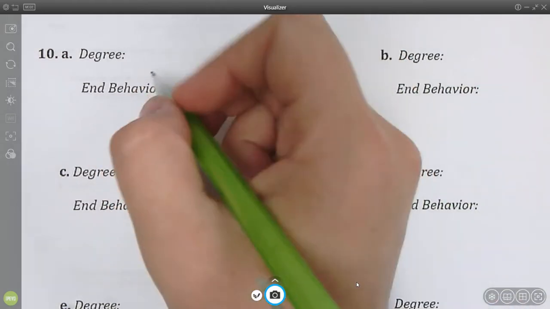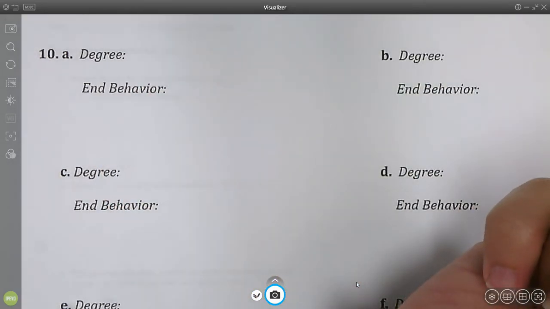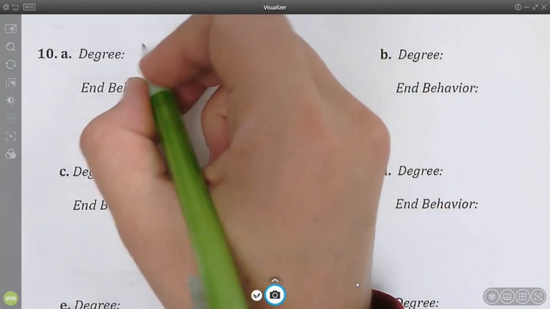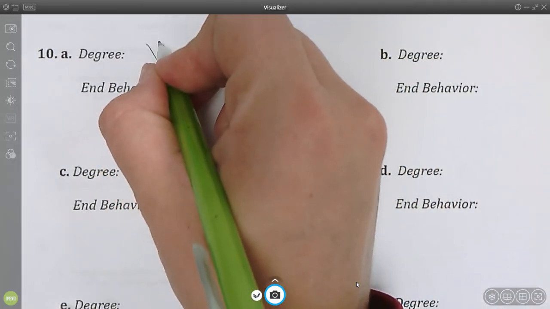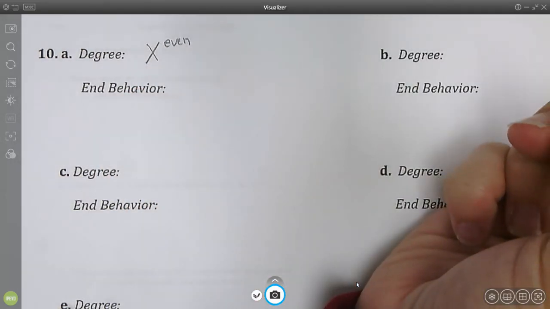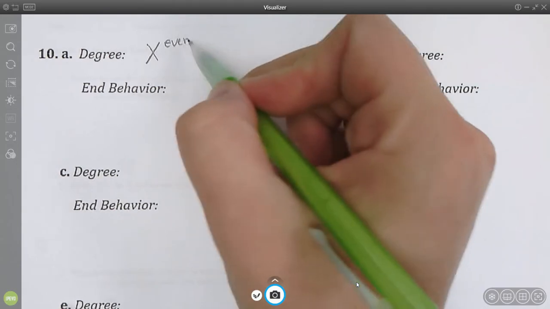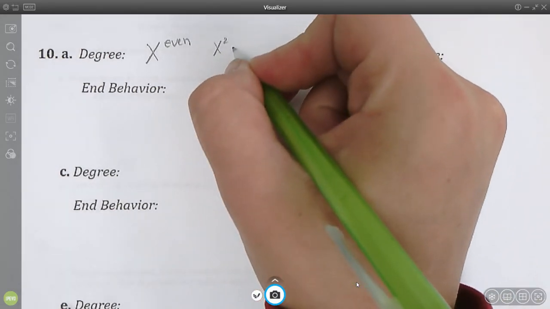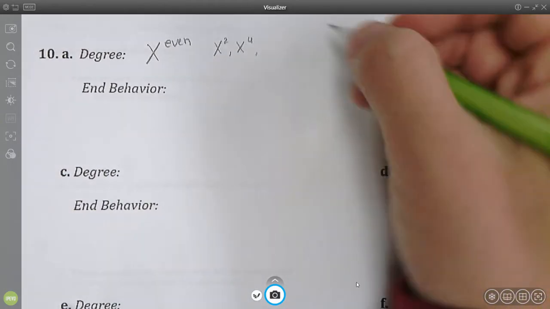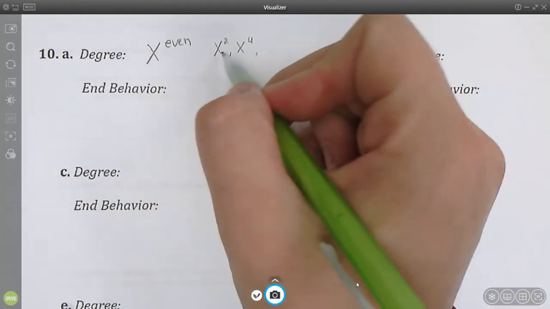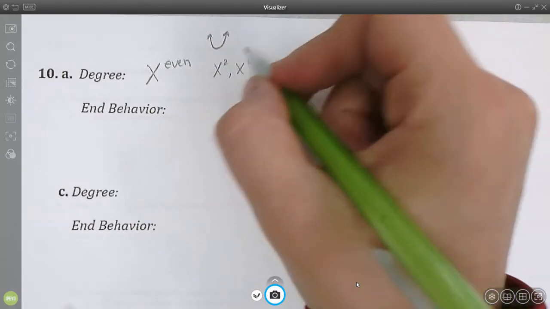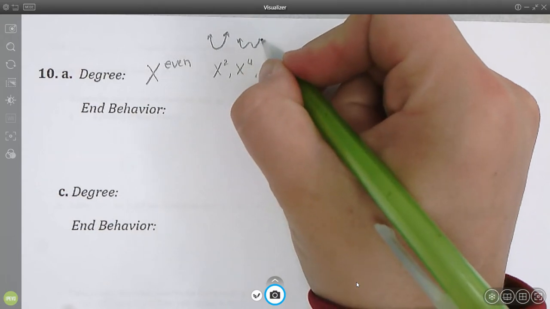Let me think of how I want to do this. Okay, so if you have x to the even power, so if you have x to the power of any even number, this could be x squared, x to the fourth, x to the sixth, and so on. If you have x squared, that looks like this. If you have x to the fourth, that'll be a W shape.